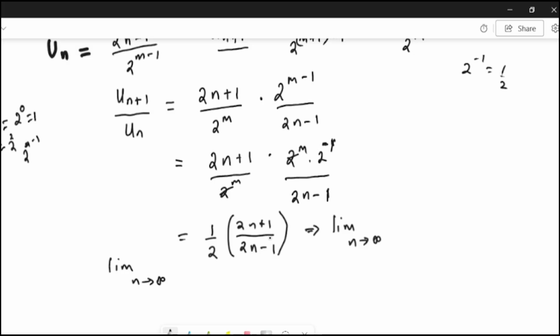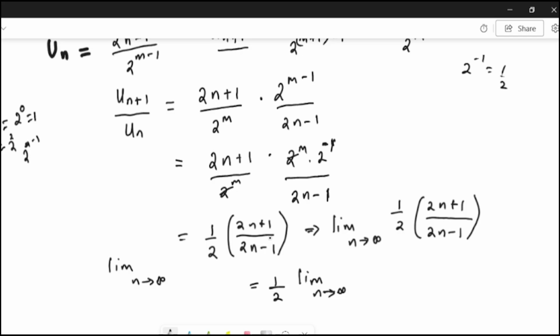We have a half into 2n plus 1 over 2n minus 1. Half is a constant, so we factor it out. We're going to have a half limit as n tends to infinity.